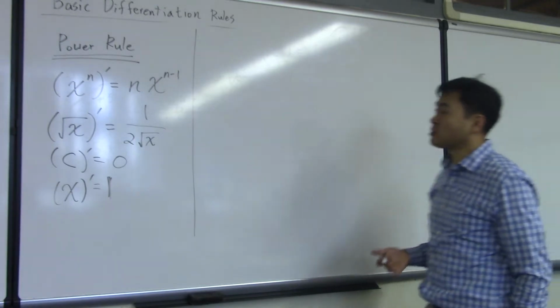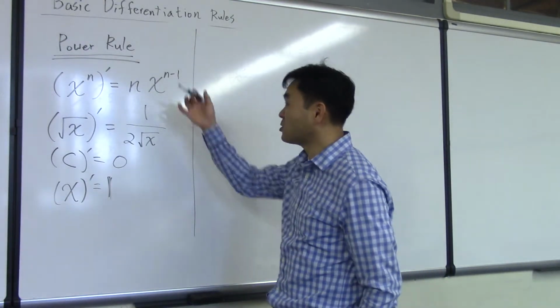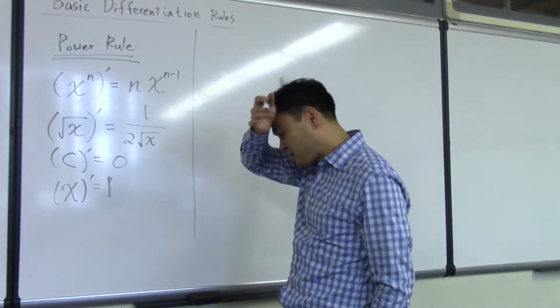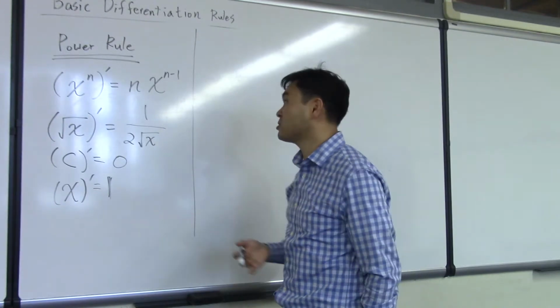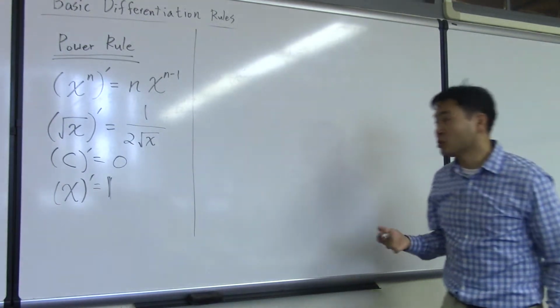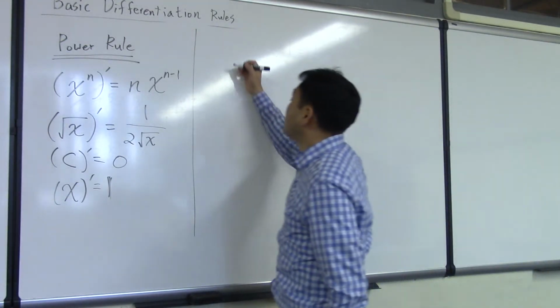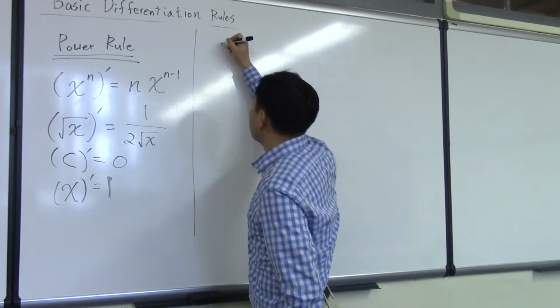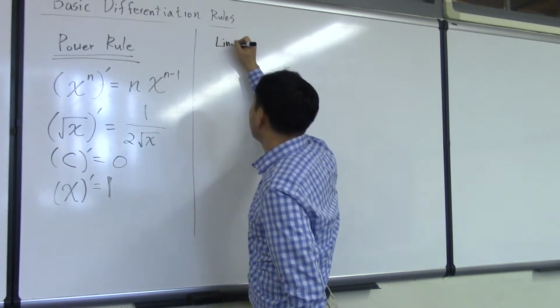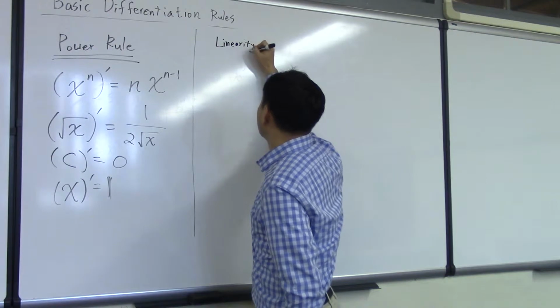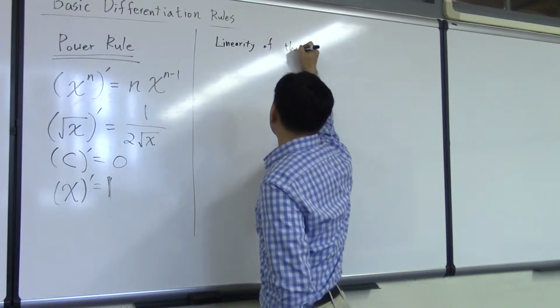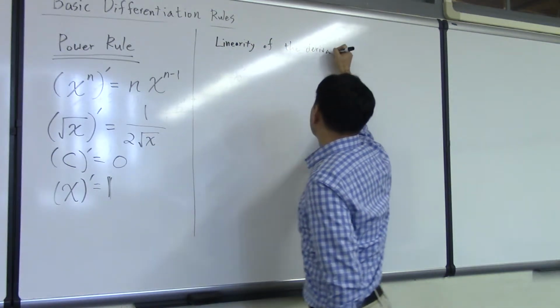So we need some extra rule in addition to the power rule, just to be able to differentiate these polynomials. And that rule is called linearity of the derivative.